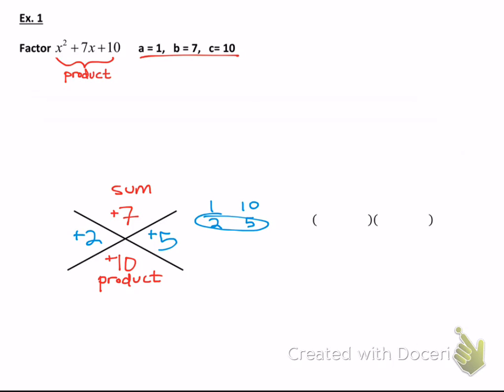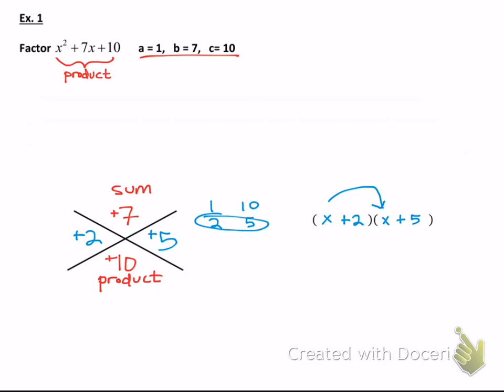And so what goes in your factors is x and x, plus 2 and plus 5. Now, I didn't really answer why it is x and x, because again, this is the product, right? And so when I FOIL it, I need to get x squared for the first one, and so that's why I have x and x.